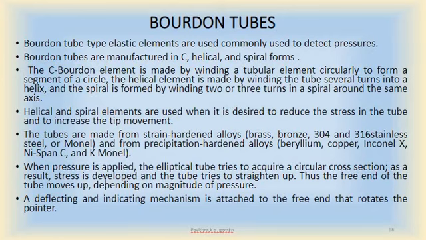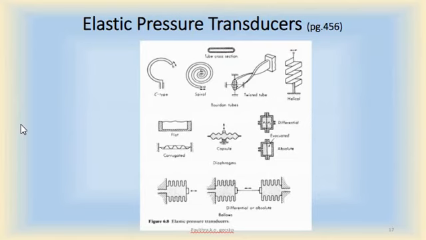Okay, and when pressure is applied to the input of this tube, then the elliptical tube tries to acquire a circular cross section. As a result, stress is developed on the tube and the tube tries to straighten up. Thus the free end of the tube moves up depending upon the magnitude of pressure.